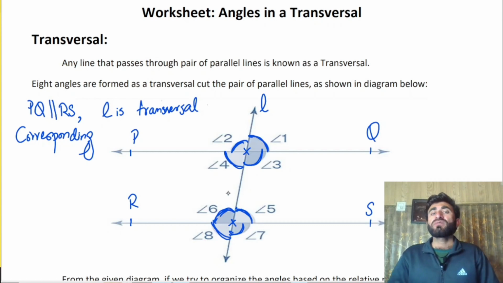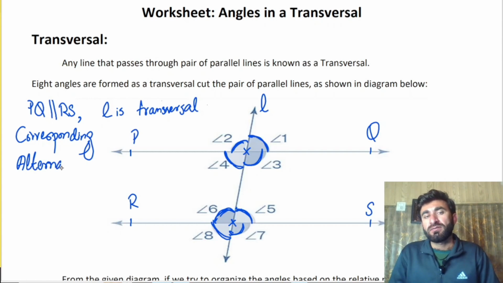The third pair of angles to be discussed in a transversal, after alternate angles, is co-interior angles. We also call them allied angles.